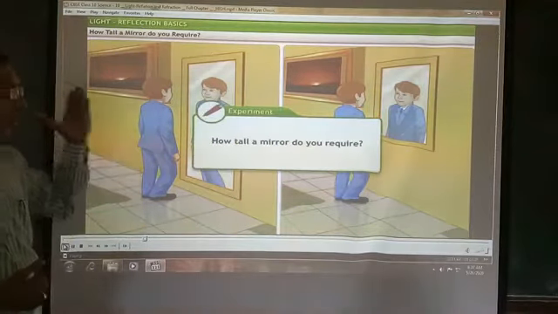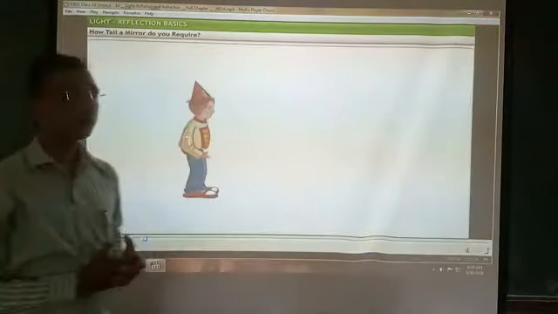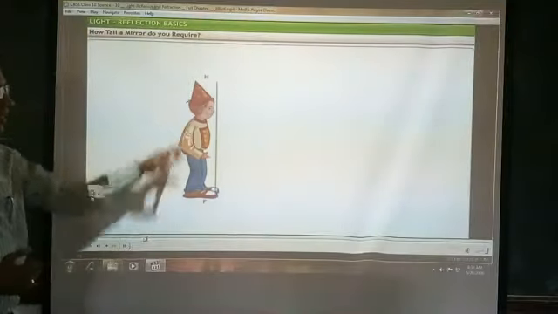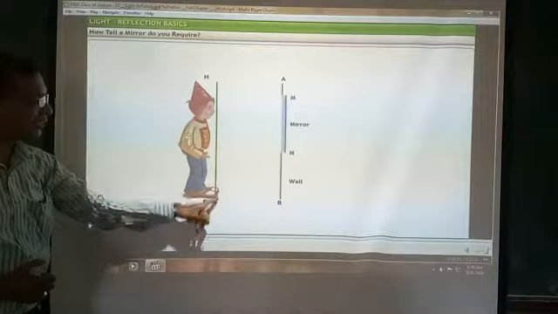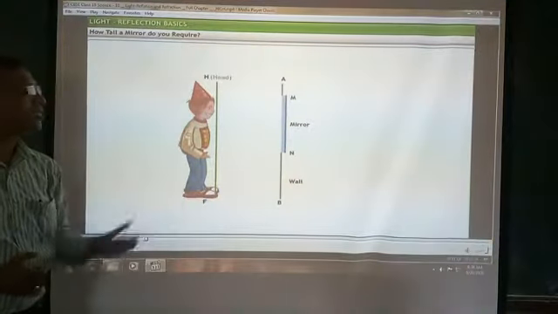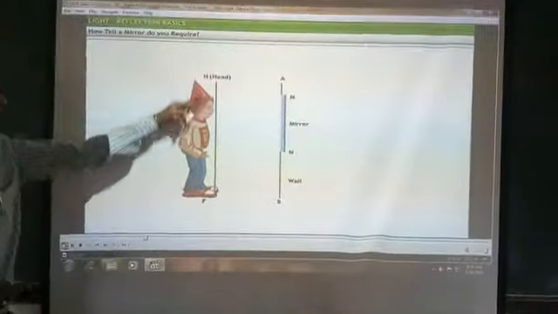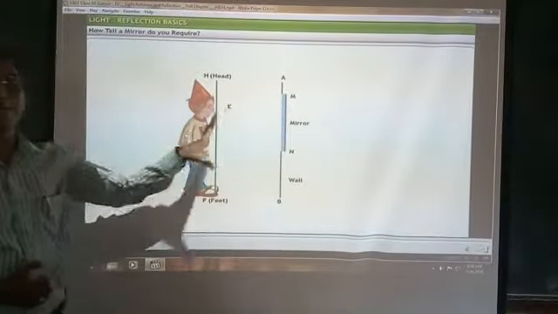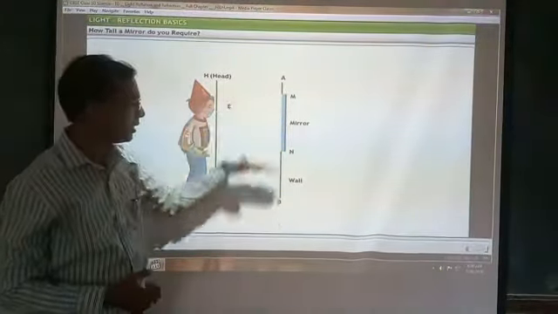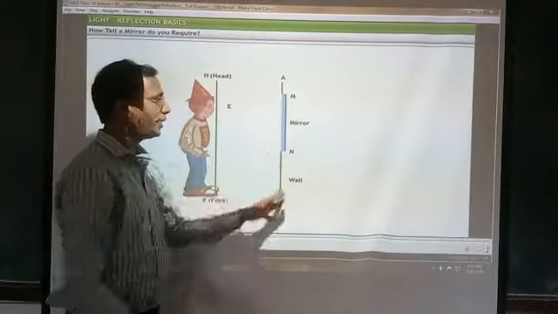So in this experiment, let us consider there is a boy, let his height from head to foot be HF. H means head and F means foot. Let HF be the height. Let MN' be the length of the mirror, with its height A and B, fixed on the wall.